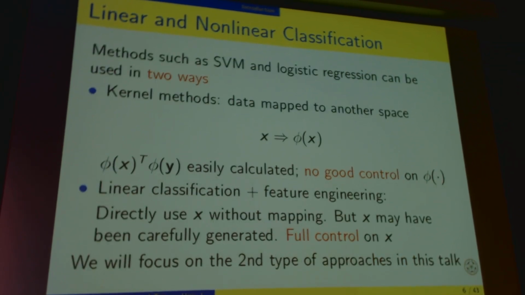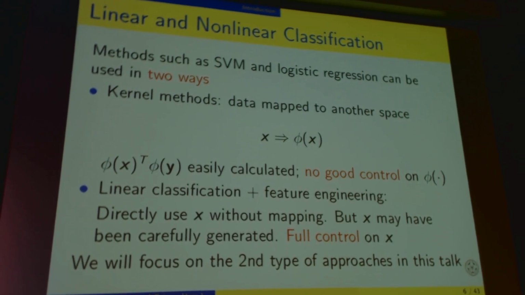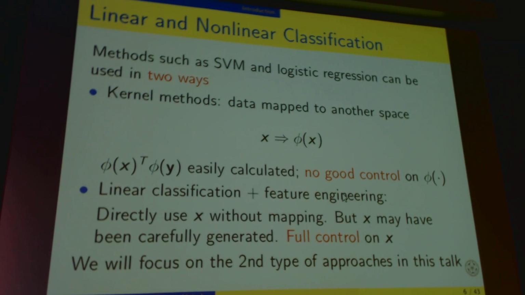For methods such as support vector machines or logistic regression, roughly, they can be used in two ways. One is by kernel methods. That means you map a data X to a higher dimensional space, so you get a new vector phi(X).